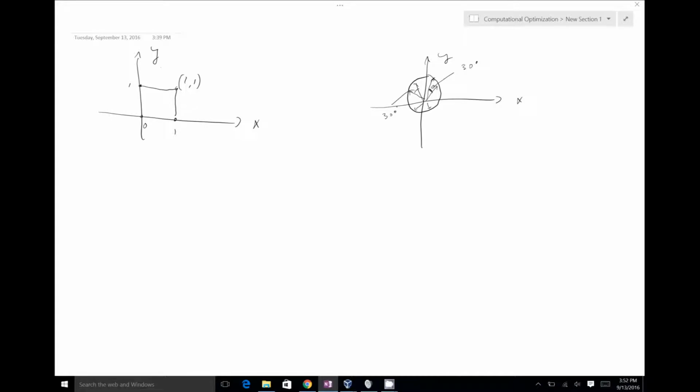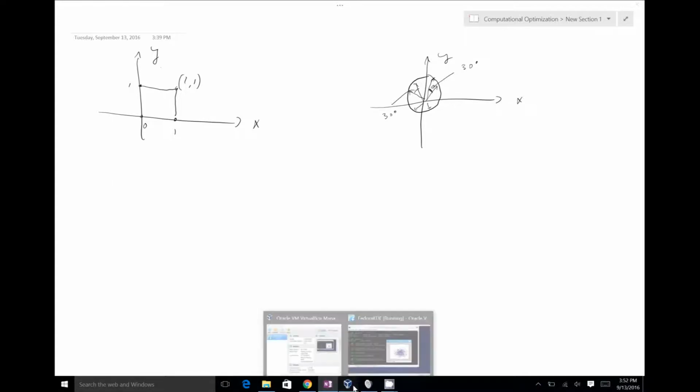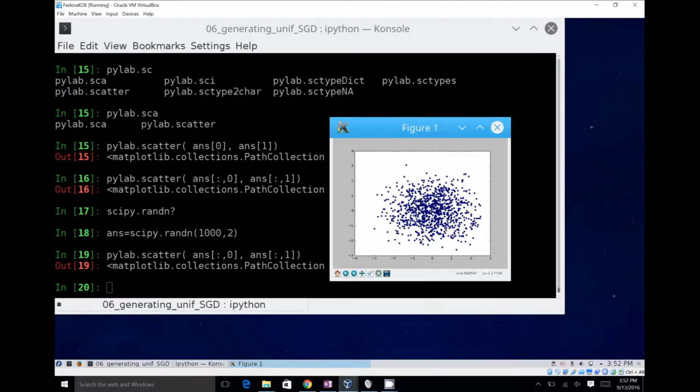And I want the probability of generating both of those to be equal, right? So the probability that the direction lands in this right one should be about the same as the probability that it lands on the left piece of pie, if you think about it as 2 pieces of pie in the circle, right? So given that hint and this picture, do you have any idea now of how to generate a uniformly random direction?